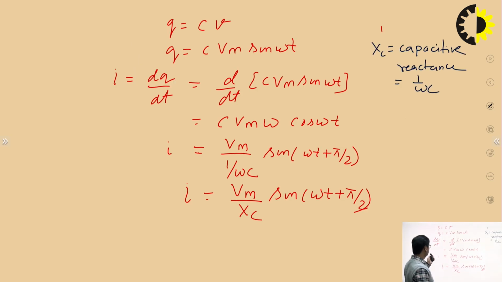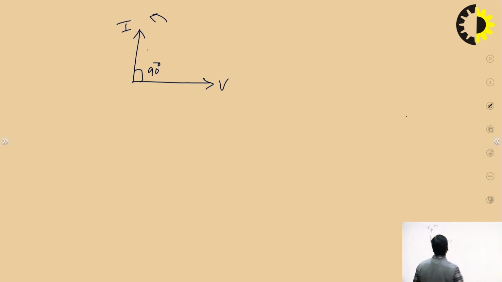We have seen that this current is leading the voltage by pi by 2. If we draw the phasor diagram of this, we will find that the current is leading the voltage by 90 degrees.